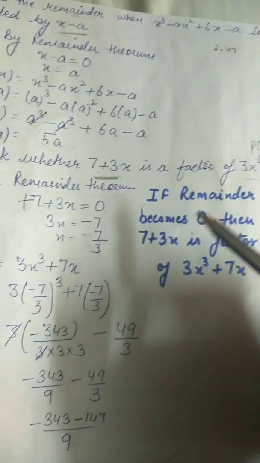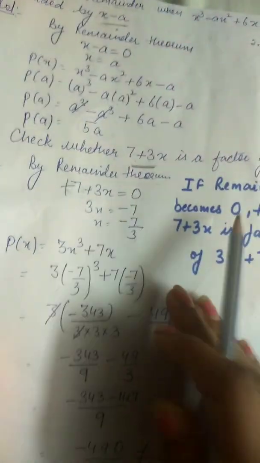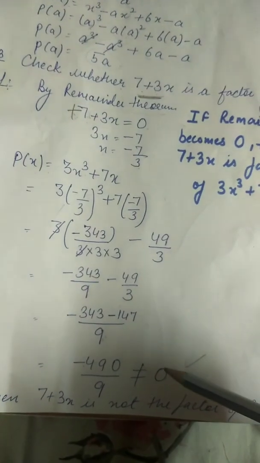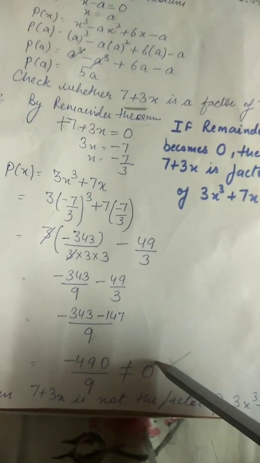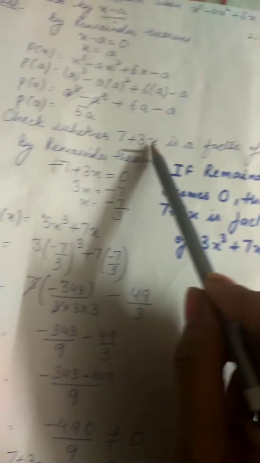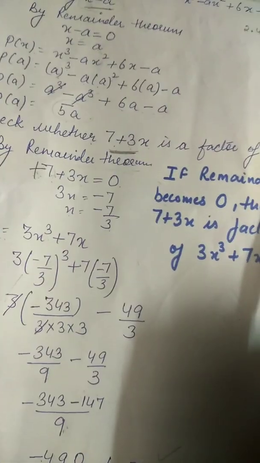Then what we did, we checked after putting remainder theorem. After putting p(a), we just check whether the answer is 0 or not. If our answer becomes 0, that means this is a factor of that number. And if our answer is not equal to 0, that means this number is not a factor.